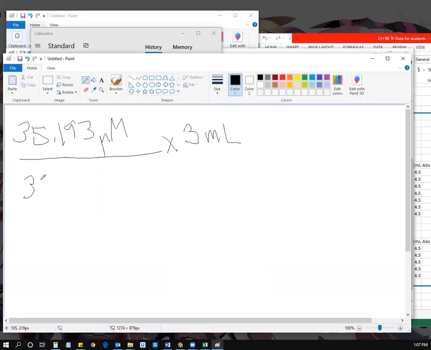I'll just break up the micromolar units into micromoles per liter. And here we have to do another conversion for the volume, because these don't match up. 3 mL is also the same as 0.003 liters. So now that we have our volumes matching and they'll cancel out, we can resolve this calculation.